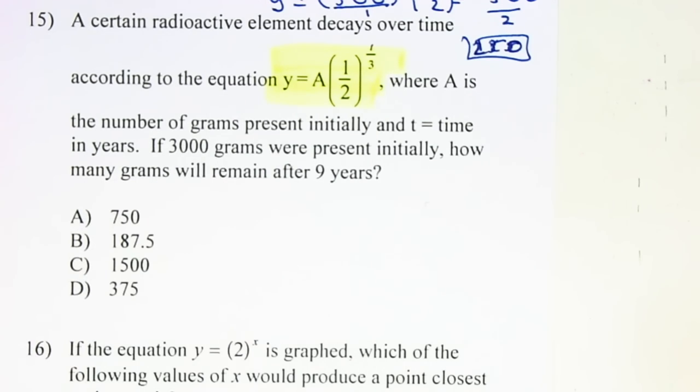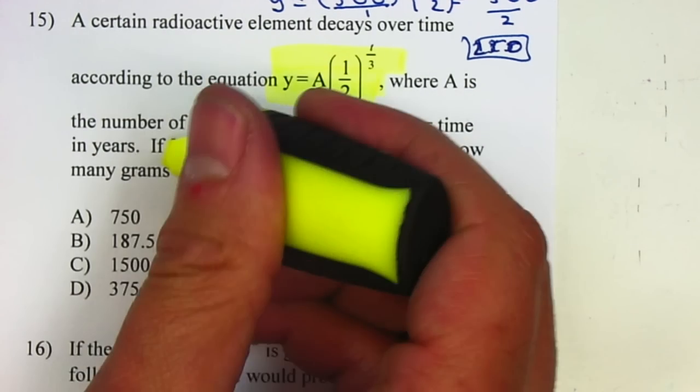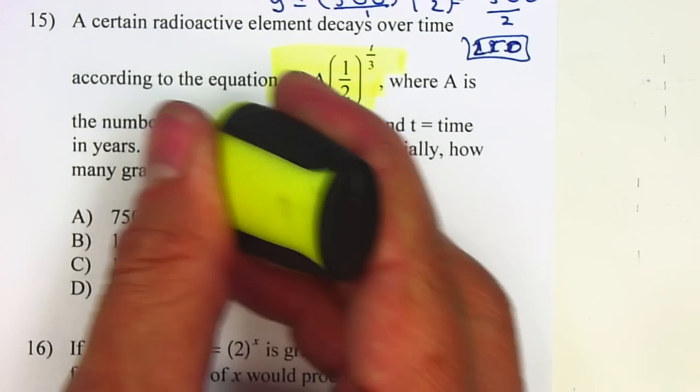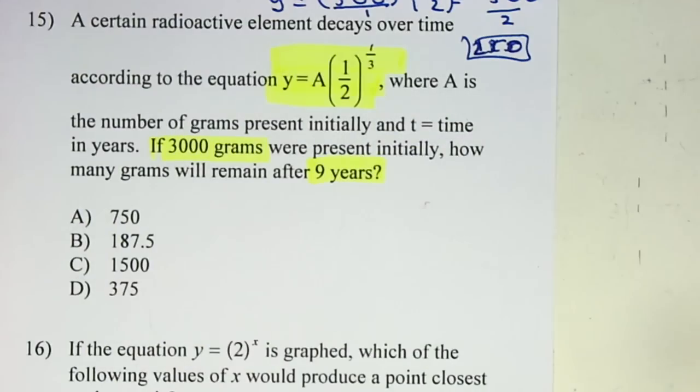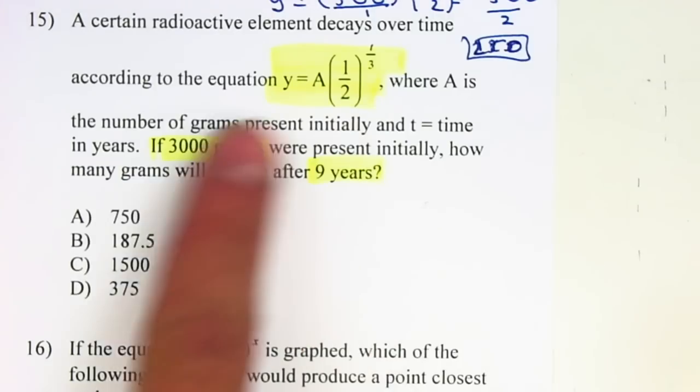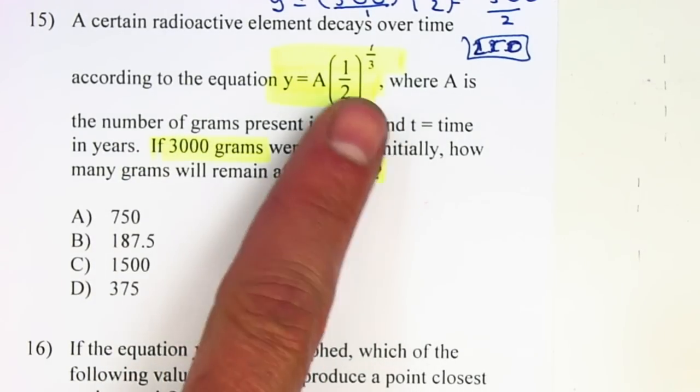Now we just need to plug in the information that's given to us. 3,000 is the initial amount, and we want to find out how much will remain after 9 years. Because it decays, using this equation, we just plug in the information. T will be equal to 9.